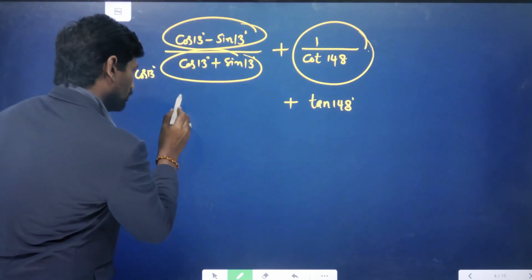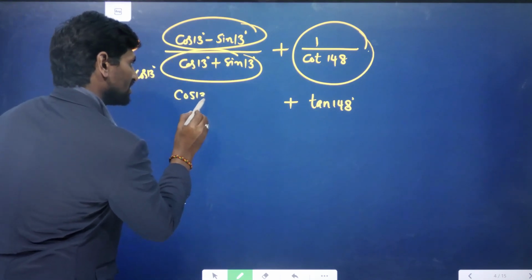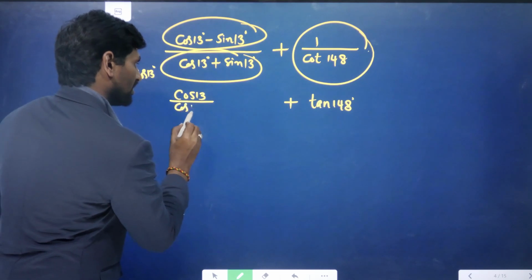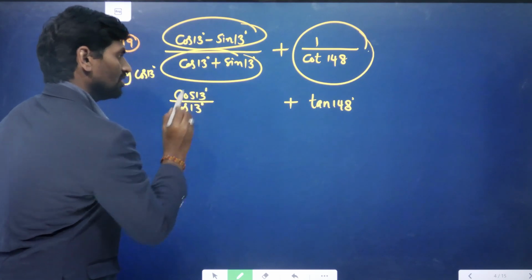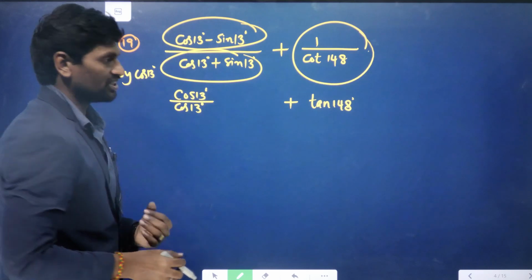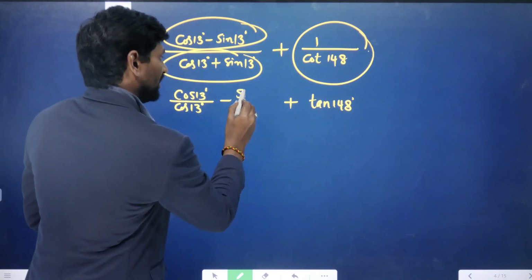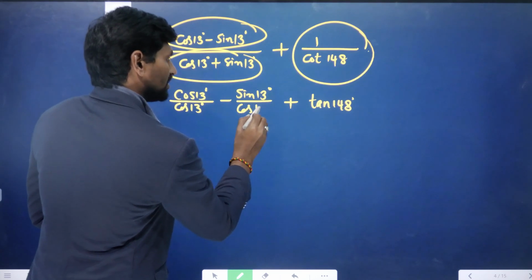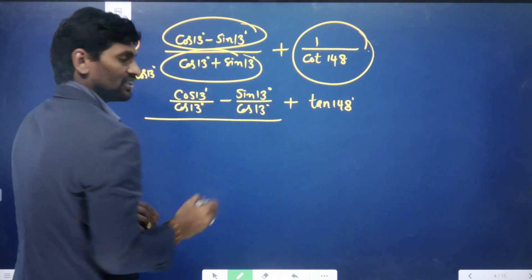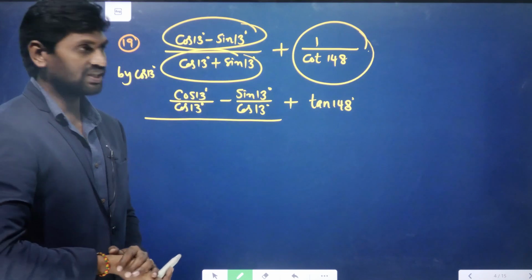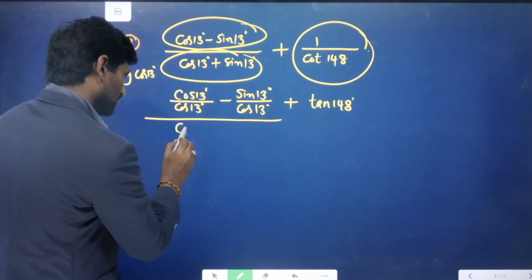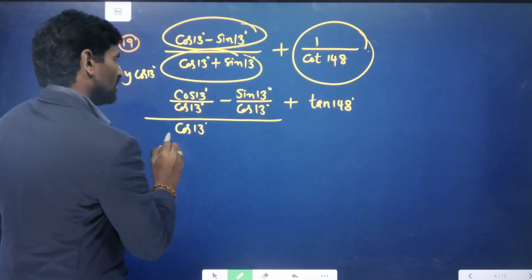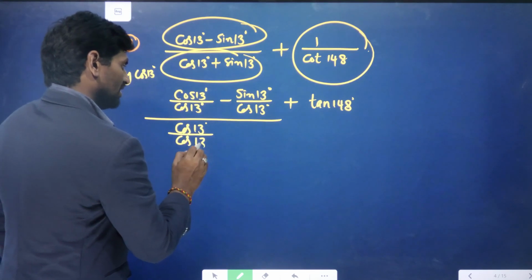The numerator is cos 13 degrees by cos 13 degrees minus sin 13 degrees by cos 13 degrees, both numerator terms divided by cos 13. Same way the denominator also is divided with cos 13 degrees.